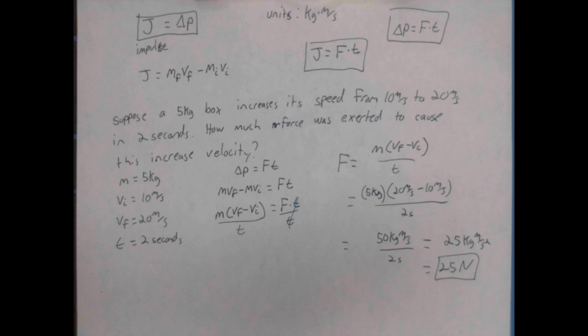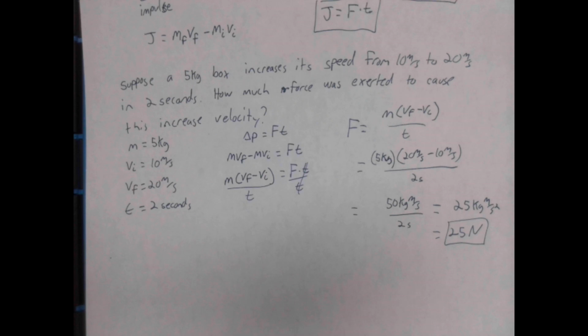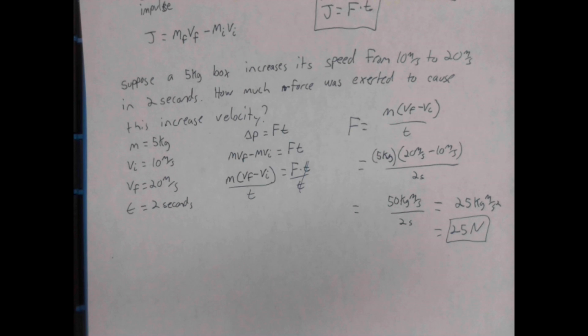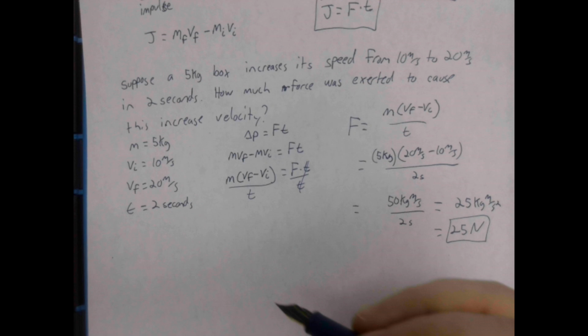Now, to see where this formula comes from, let's think back to kinematics. The only thing we're not given in this problem is distance. If you remember the four kinematic equations, one of them does not have distance, and that would be this equation: final velocity is equal to initial velocity plus a times t.